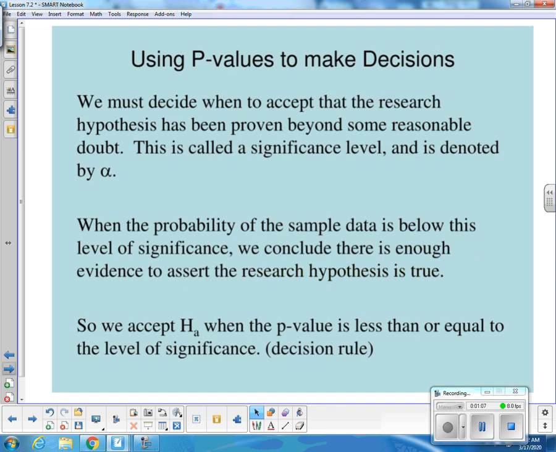So basically, we're going to talk about the significance level again. The significance level is alpha, the Greek letter alpha. That's basically saying how important it is, the margin that we're allowing for that error.